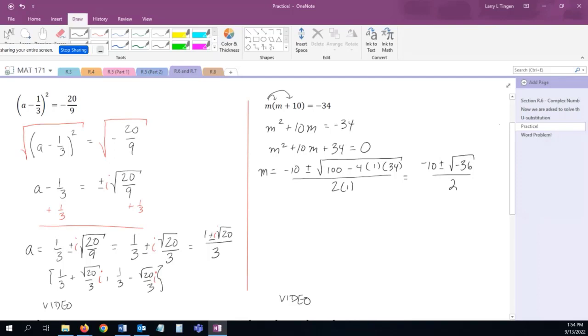And that works out so beautifully because square root of the negative means I have an i I need to bring out. And then the square root of 36 is 6. So that is plus or minus 6i over 2, which I can split up.